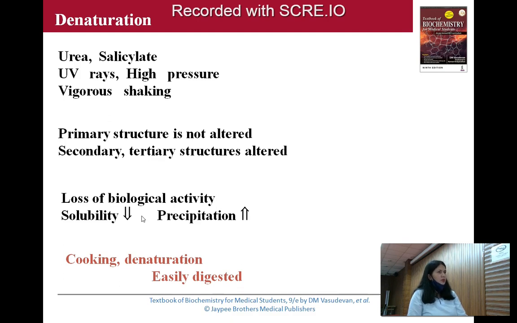But in case of irreversible denaturation, it cannot form a functional protein once the denaturation occurs. Example is coagulation. When you boil an egg, the protein becomes coagulated, isn't it? If you try to dissolve the coagulated egg in an aqueous solution, it will not get dissolved. Clear? So coagulated protein is an example of irreversible denaturation.